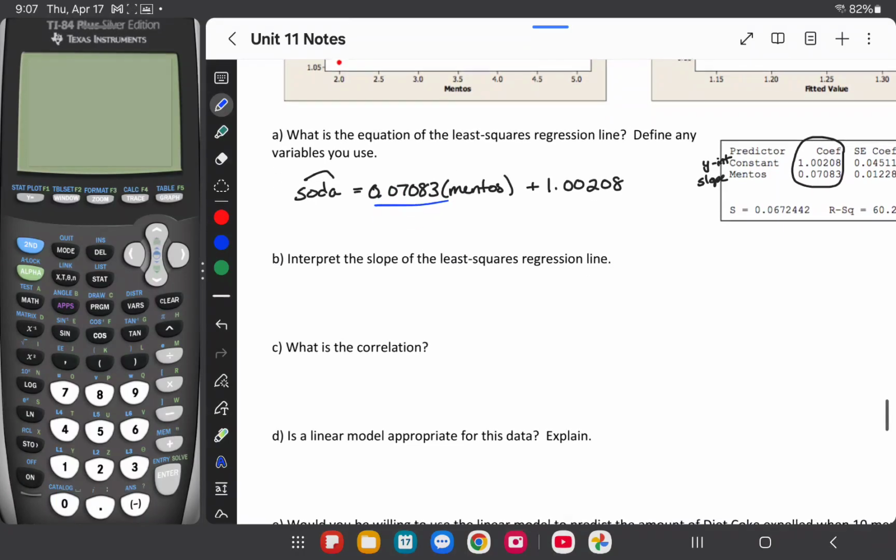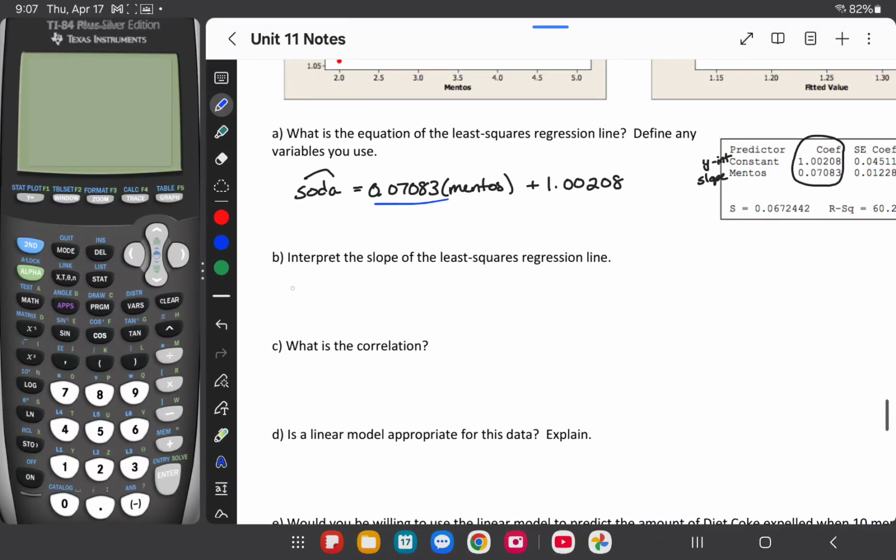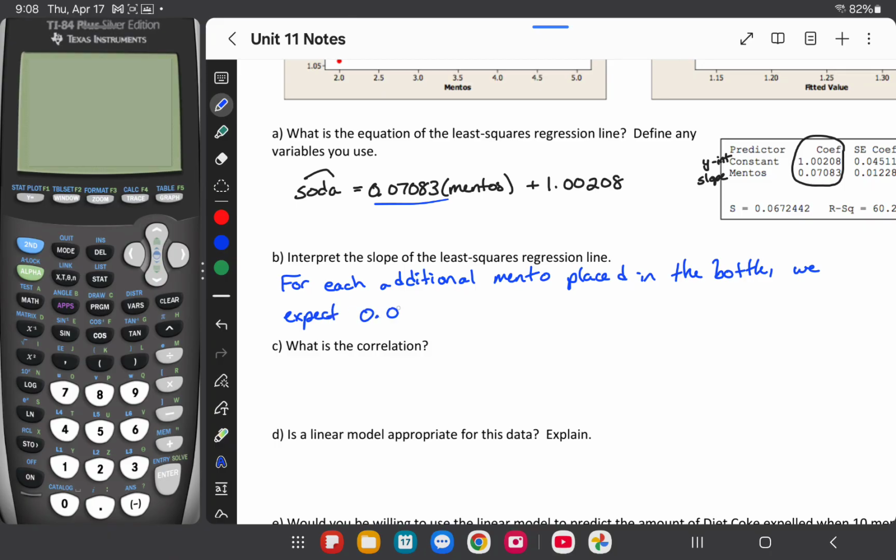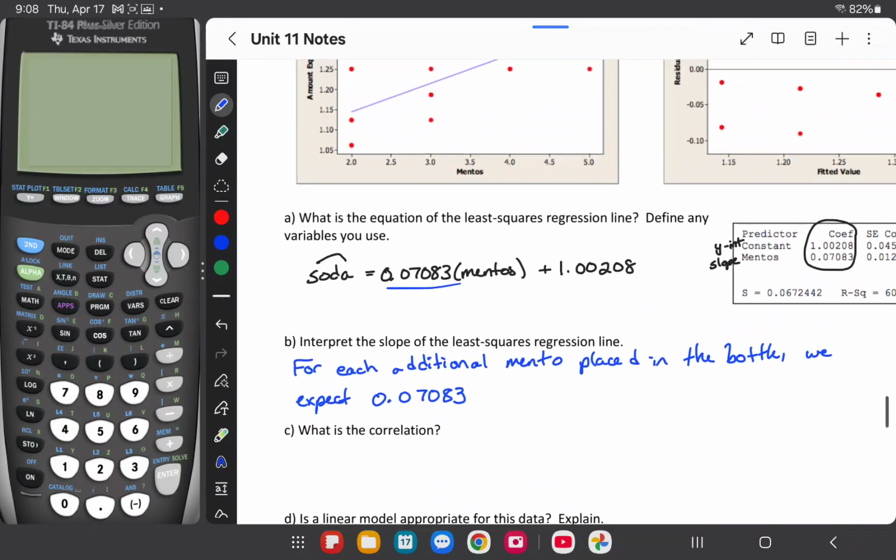So now that I've got my least squares regression line, let's do a couple things with it. First, let's interpret the slope of our least squares regression line. What we would say is for each additional Mento placed in the bottle, we would expect 0.07083, and let me make sure I've got the right units here.